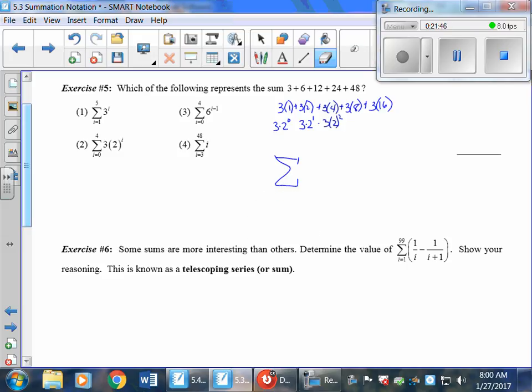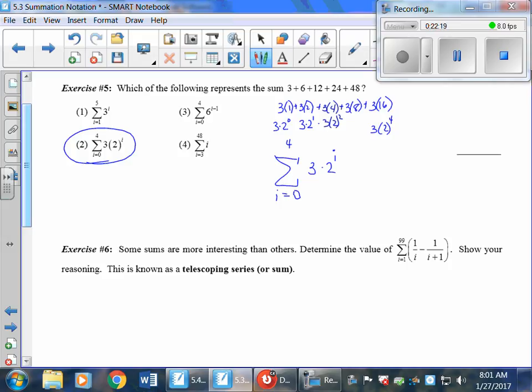So I is equal to 0, and it goes up to 4, because 2 times 2 is 4, times 2 is 8, times 2 is 16. So this is going to be to the 4th power: the sum to the 4th of 3 times 2 to the I power. Is that there? It sure is, right here.